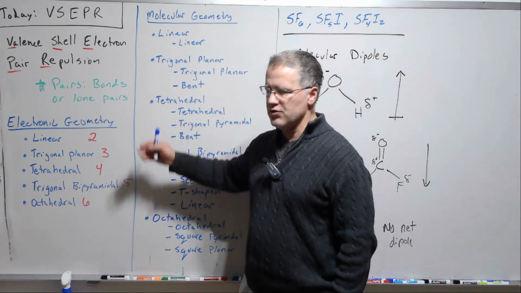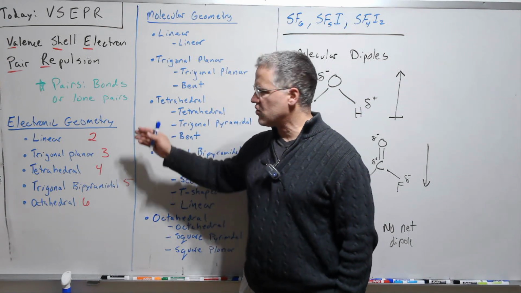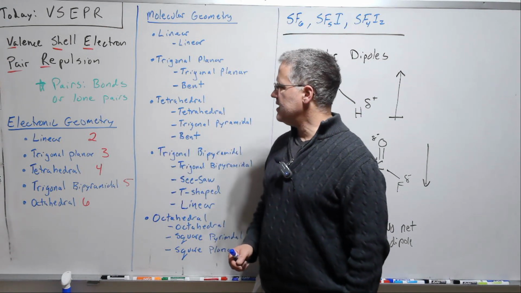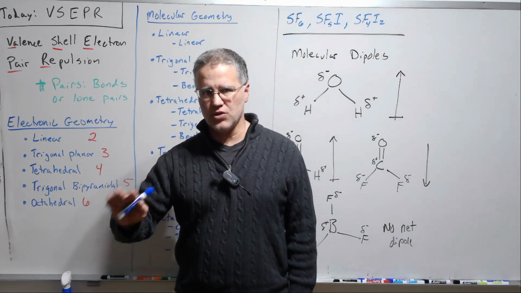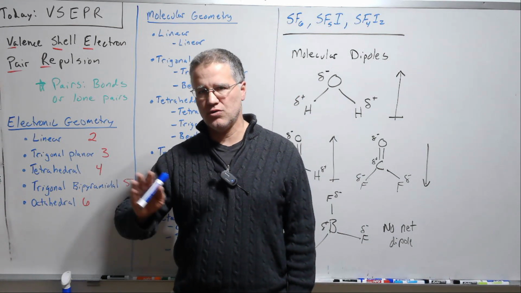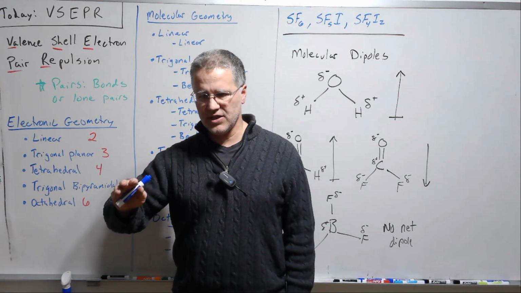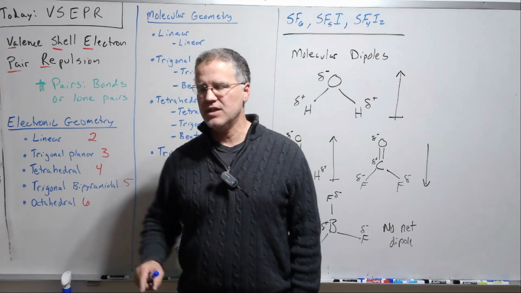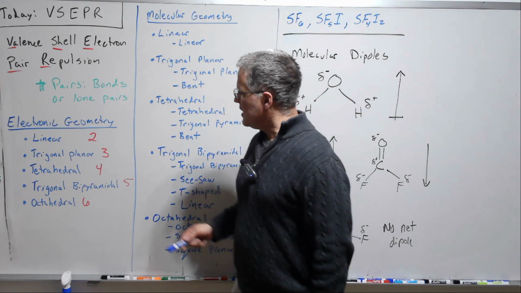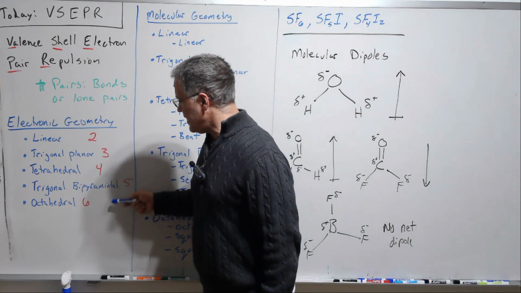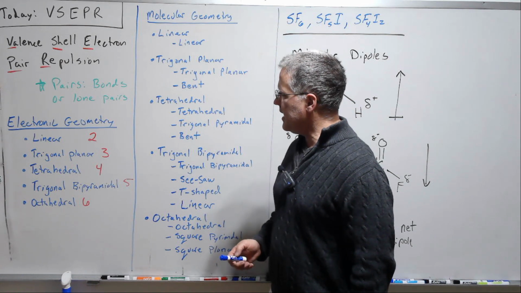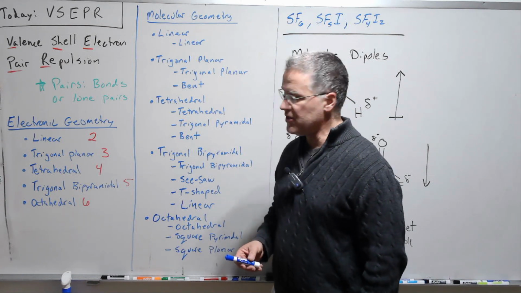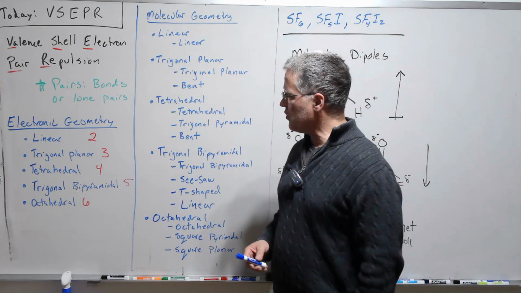The first thing we do is develop what's called the electronic geometry. And in this case, we look for simply the sources of electron density, bonds or lone pairs. And again, whether it's a double, single, or triple bond doesn't matter. That counts as one source of electron density. And they fall into categories depending on how many there are, and they take on the geometric shapes that we saw earlier.